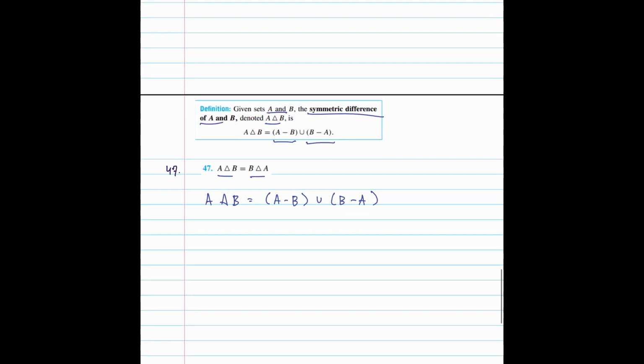Now it wants us to prove that these are both the same, so we can just write that out. Then B triangle A would be B minus A union A minus B.